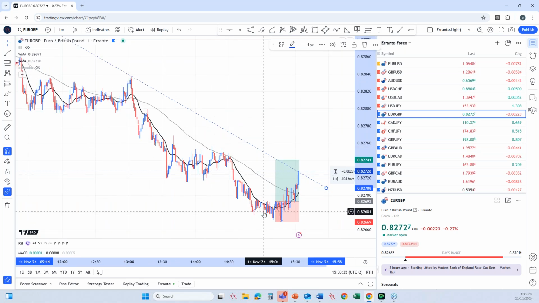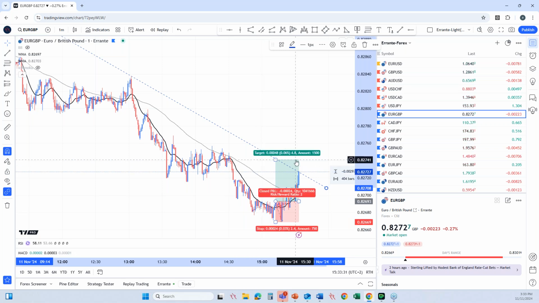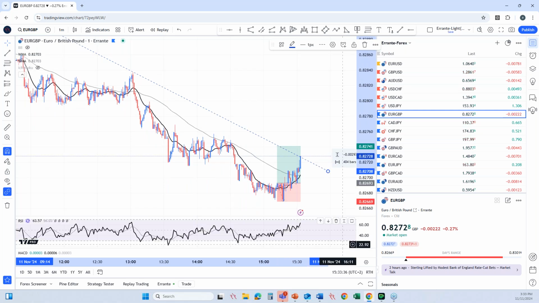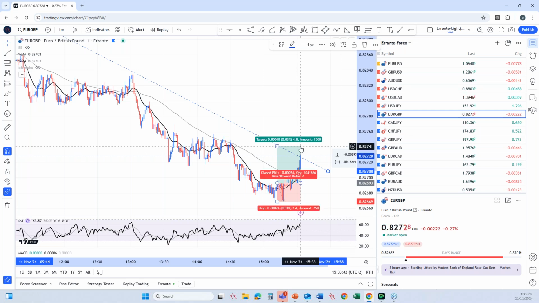In that case, I need more confirmation from the price. It could happen, but for now, I don't have any evidence in hand to be confident that the price is going to hit this target. However, there could be a risk. So that can increase the risk for my trade.